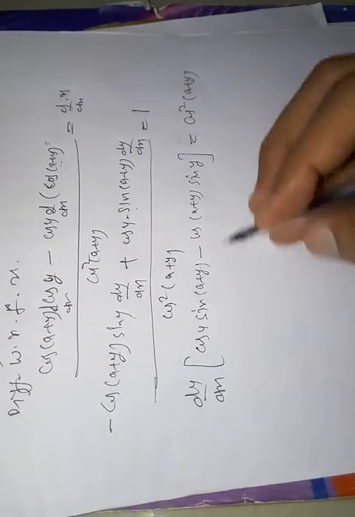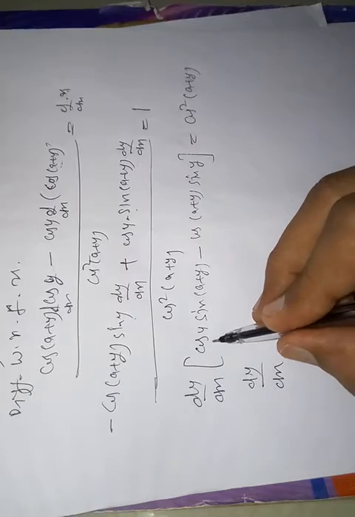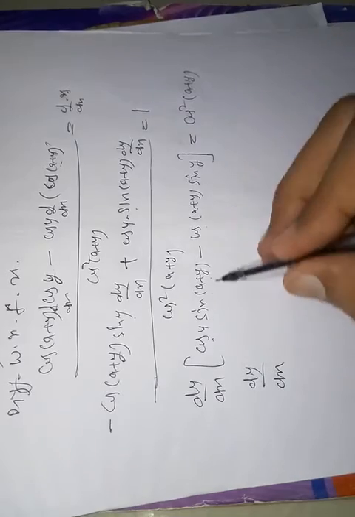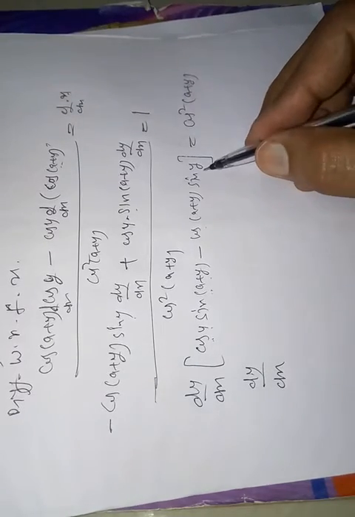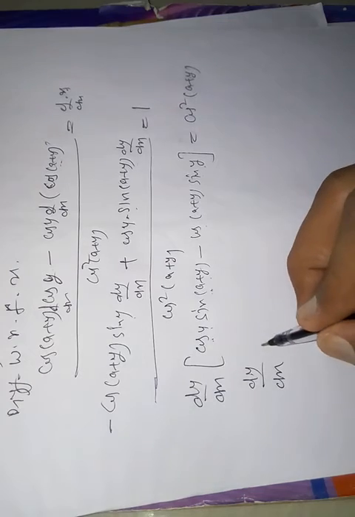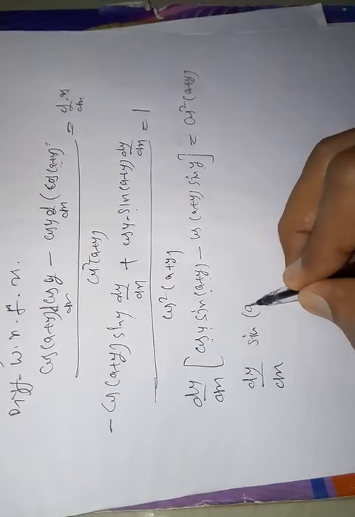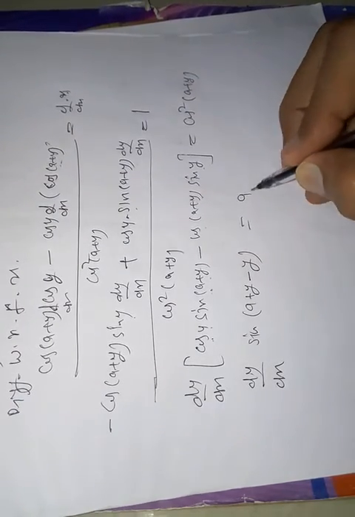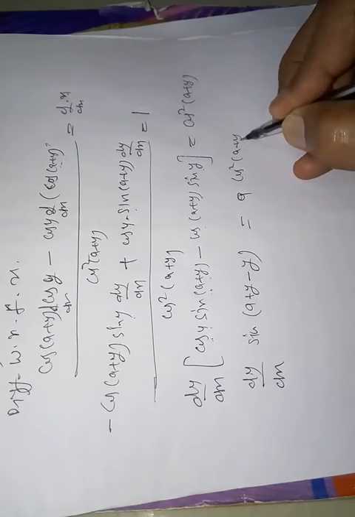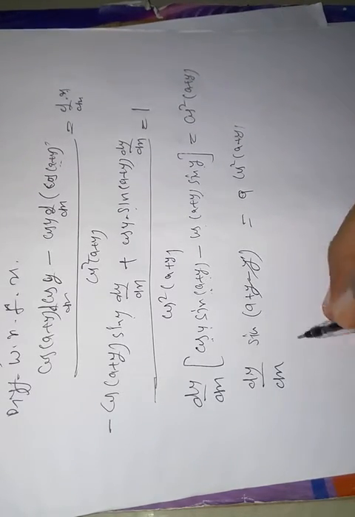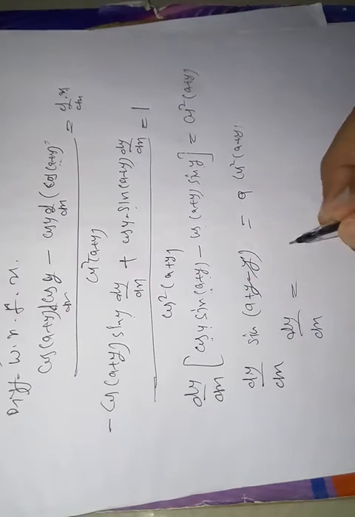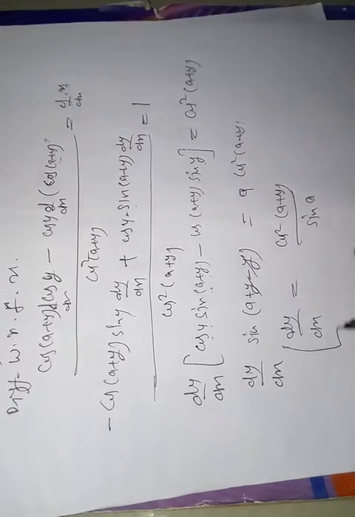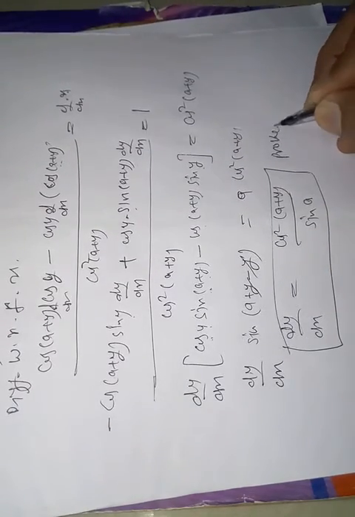Using sin A cos B minus cos A sin B with A equal to a plus y and B equal to y, this becomes sin of (a plus y minus y), which equals sin a. So dy/dx times sin a equals cos squared (a plus y), hence dy/dx equals cos squared (a plus y) upon sin a. This is proved.